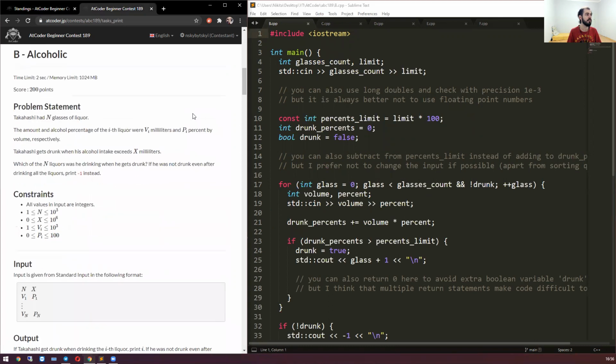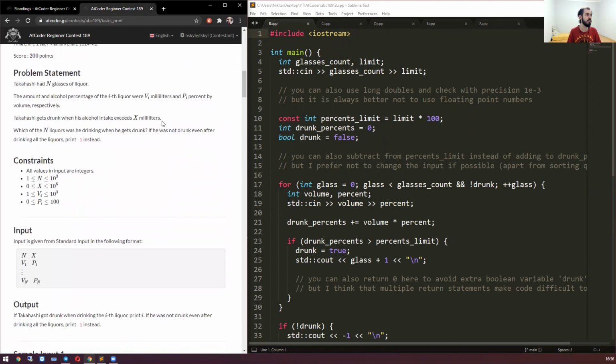So problem B. I can't say much about this problem. You had a limit of how much alcohol you can drink, specifically Takahashi. You had several glasses with different volumes and percentages.